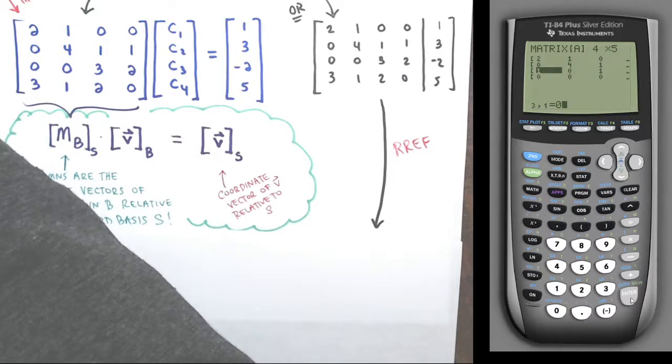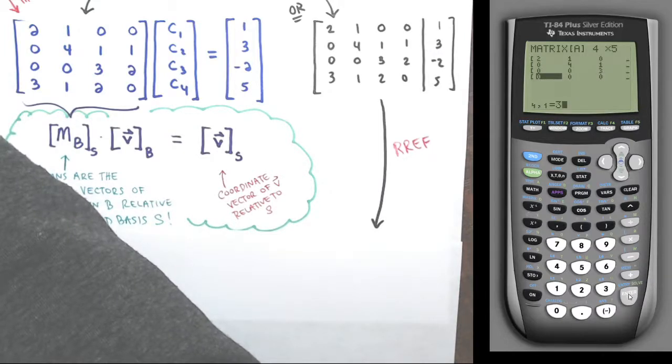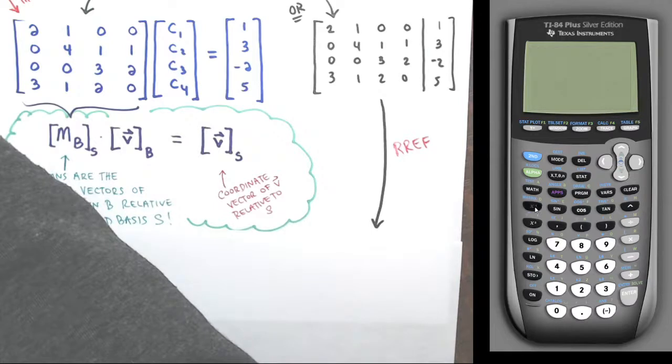Then 0, 0, 3, 2, negative 2, and 3, 1, 2, 0, 5. Okay. I think the last thing I entered was, no, it's not reduced row echelon form, darn. So back to matrix, over to math, RREF, not REF, for reduced row echelon form. Matrix A there, and voila.